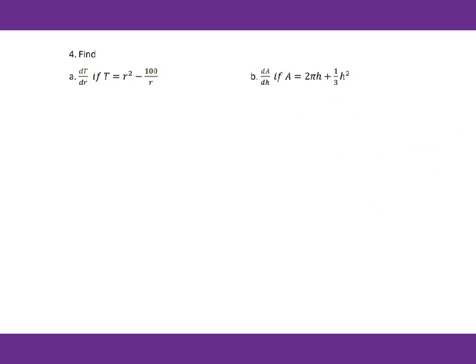Now let's go to number 4. Find dT by dr if T equals r squared minus 100 over r. So dT over dr equals r squared, we do the derivative, minus 100 times r to the negative first power, we do the derivative.